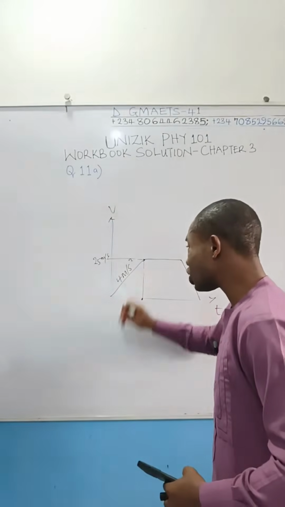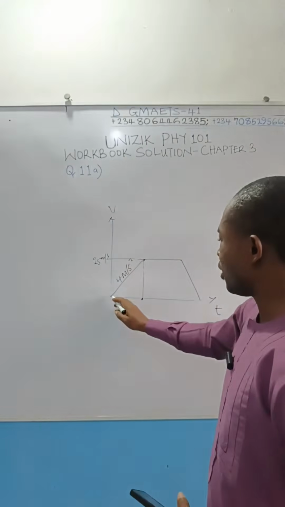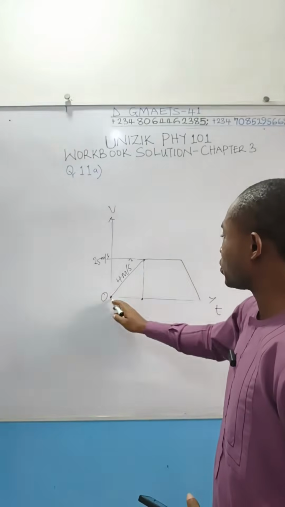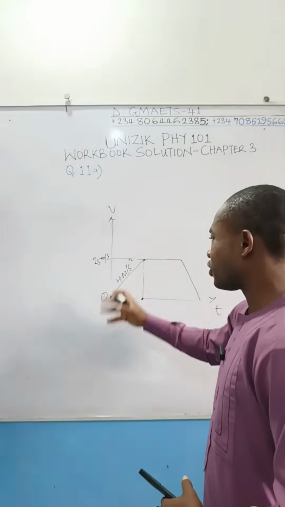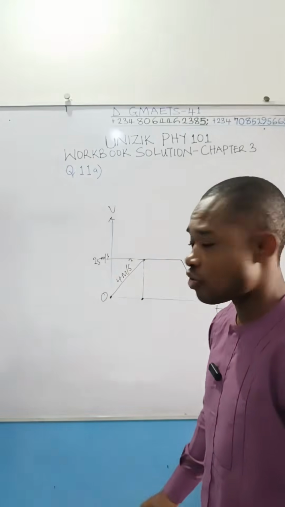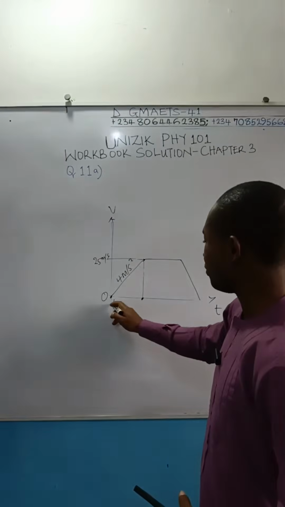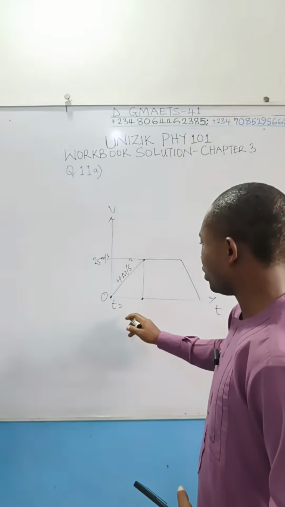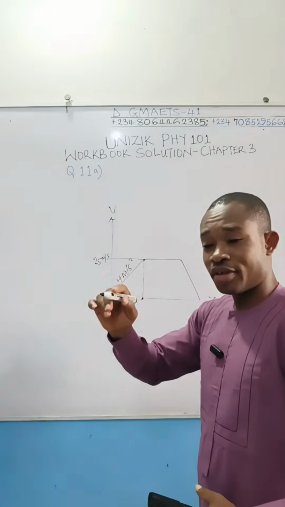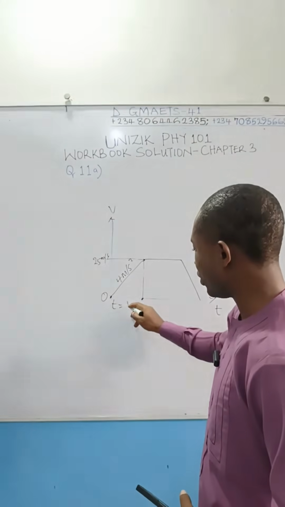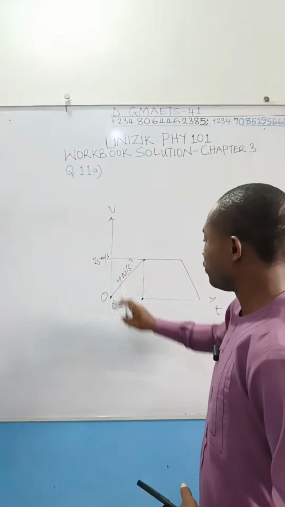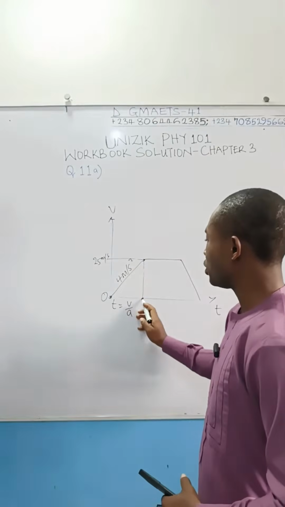To get the time from 0 to this point, we apply the definition of acceleration, which is velocity over time. Remember, acceleration is equal to velocity over time, so time is going to be velocity over acceleration. With this, we can get the time from this point to this point.